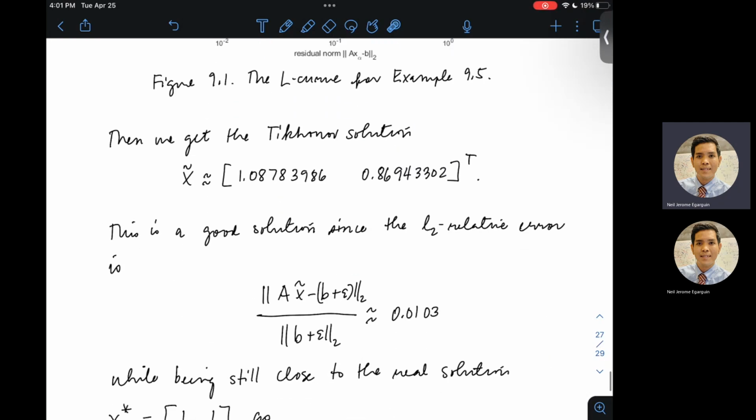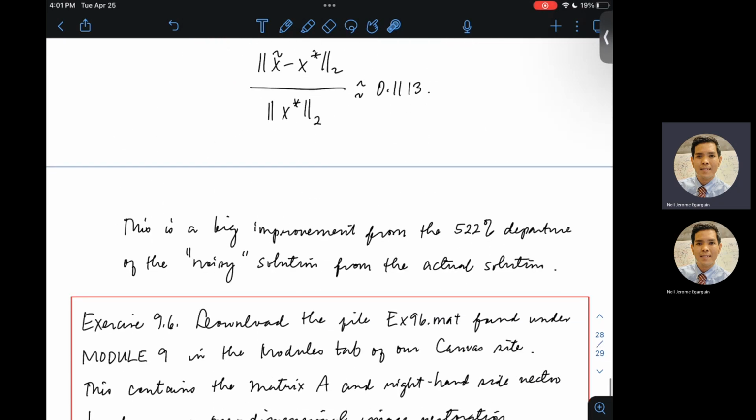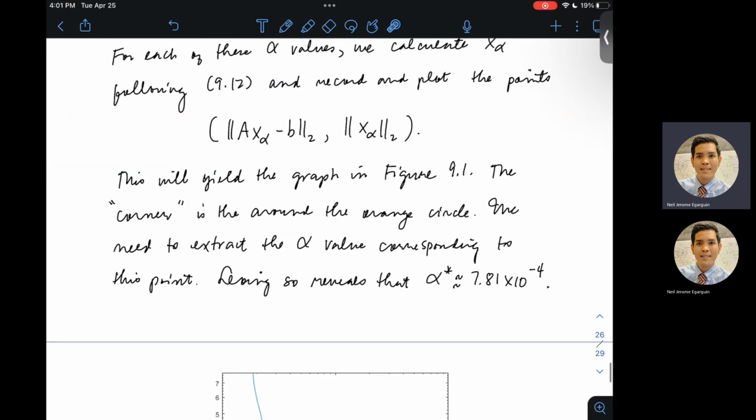But if you do that, the optimal alpha that I got from the routine is about 7.81 times 10 to the negative 4. It is saying that 7.81 times 10 to the negative 4 is the near optimal balancing weight between maintaining the accuracy of the system and maintaining the stability of the system, right?